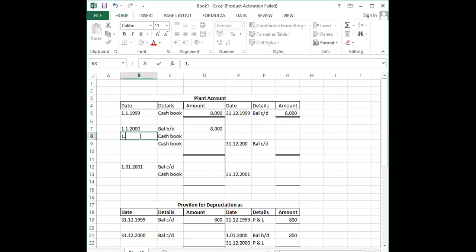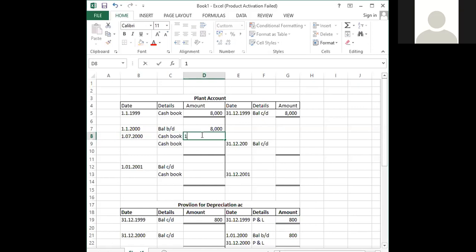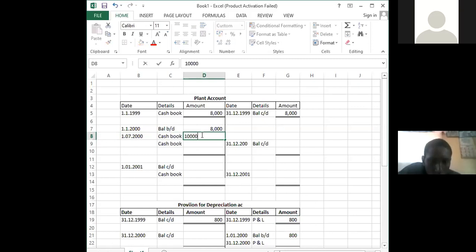So here we record 1st July year 2000. We bought 2 plants costing 5,000 each. And therefore, this one should give us a total of what? 10,000. Do you see that?